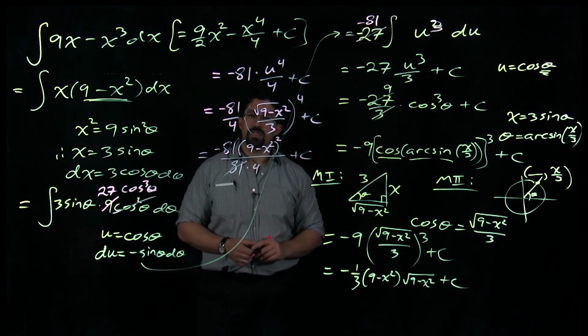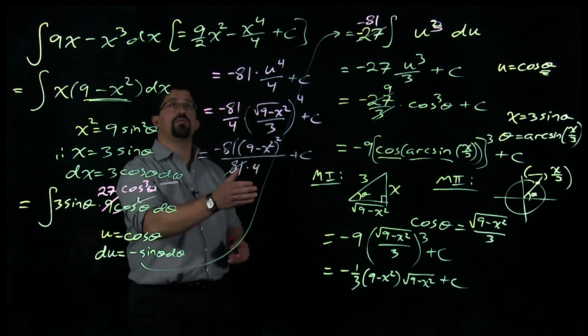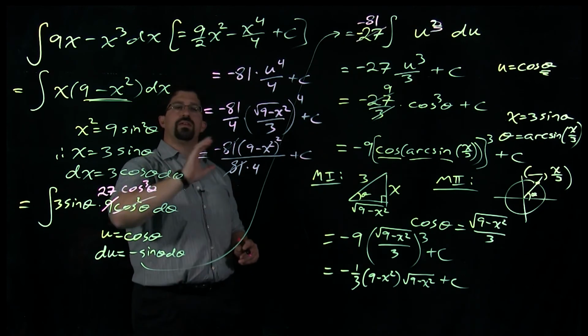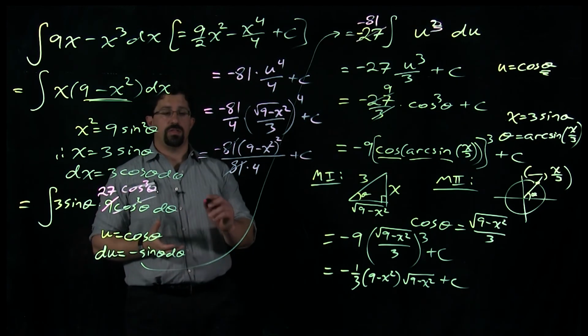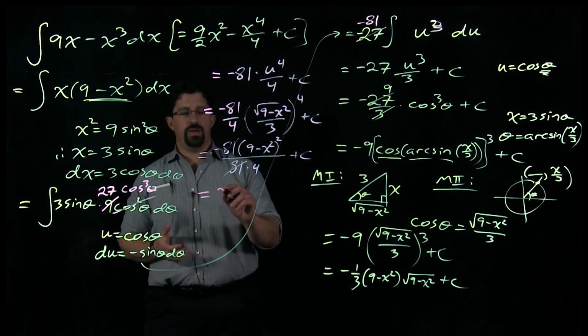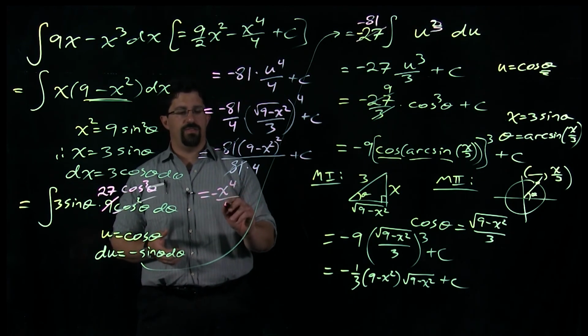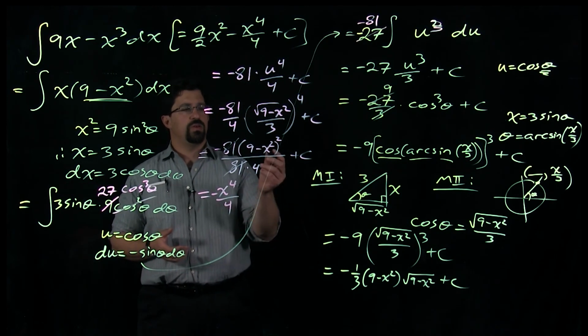These guys disappear. And when we do this arithmetic, what we're going to get is this up here, give or take a different constant. So we're going to end up with x to the 4th with a minus sign, negative x to the 4th over 4. We're going to have negative 9 times 2x squared.